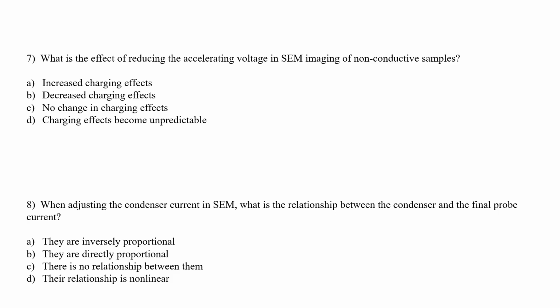There will be charging in non-conductive samples unless you have coated them and provided a free path for the electrons to be grounded. So reducing the accelerating voltage in a non-conductive sample will decrease the charging effects. So option B is the correct answer.